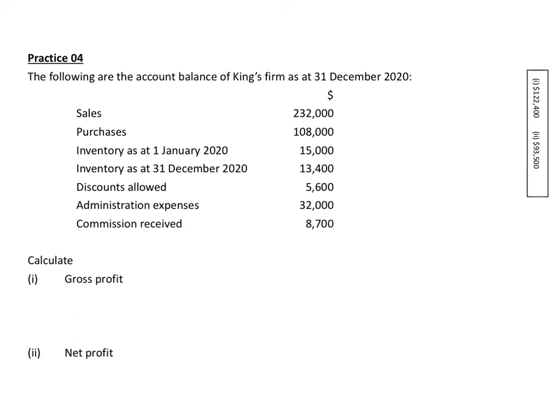So now you should try practice 4 by yourself. For practice 4, for the calculation, please show the working. You need to calculate the gross profit. That means for the GP, you need to find the sales minus the cost of goods sold.